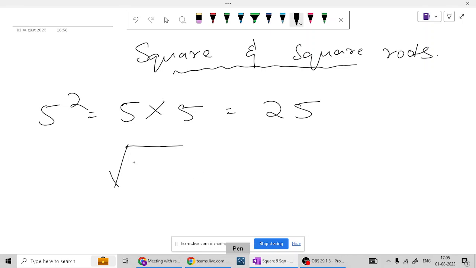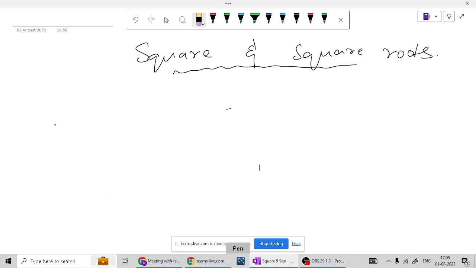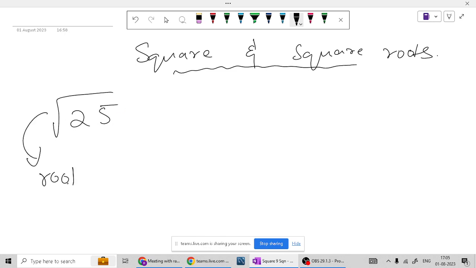So now, the root of 25. Just for assumption, if I place a mirror here, what will be the reflection? The reflection of this symbol will be similar to this, right? Yes, sir.